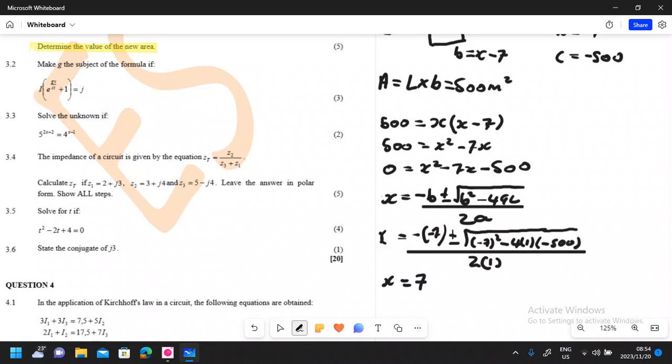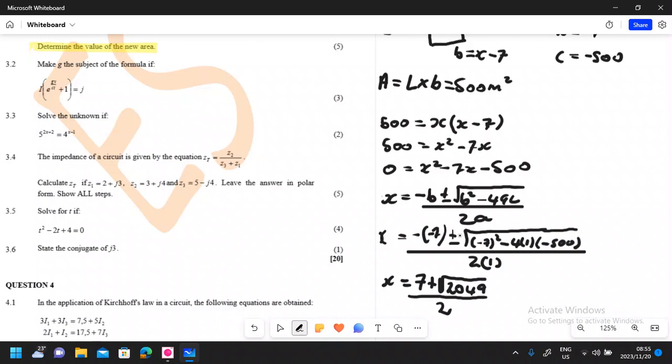Now we have negative multiplied by negative, which is going to give us positive 7. Then we have plus or minus. Let's start with plus. Inside the root there we're going to have 2049, divided by 2 multiplied by 1, which is 2.